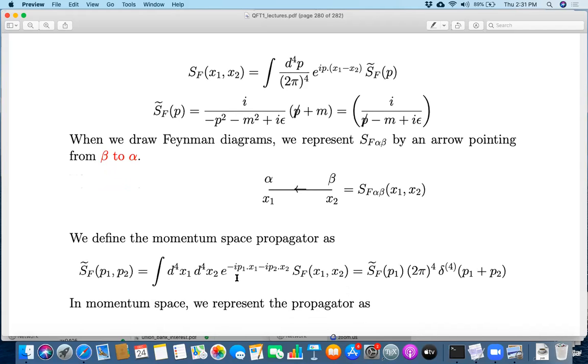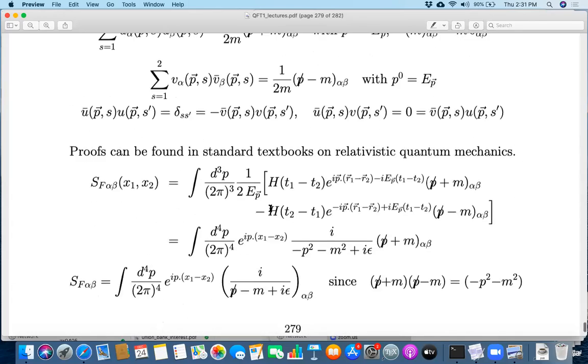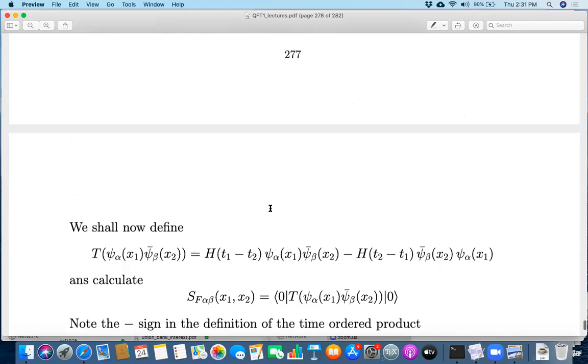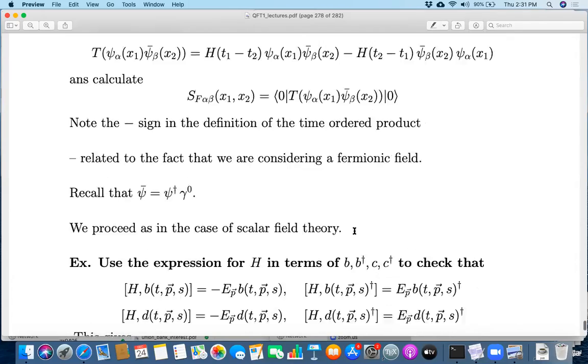No, it's not symmetric under x1 x2 exchange, because you just look at the definition. If you change x1 and make this x2 and this x1, it's not symmetric. So in general, it doesn't have any symmetry.